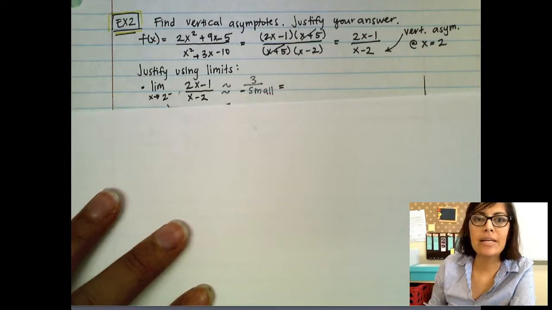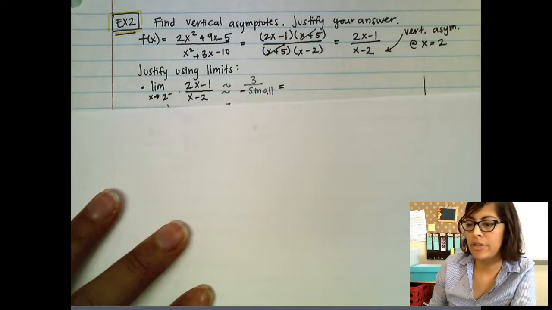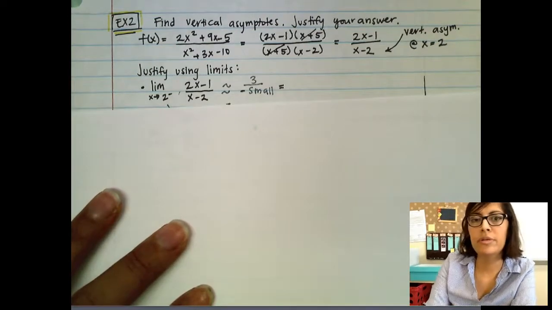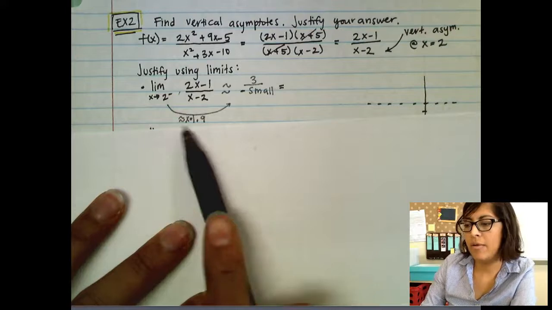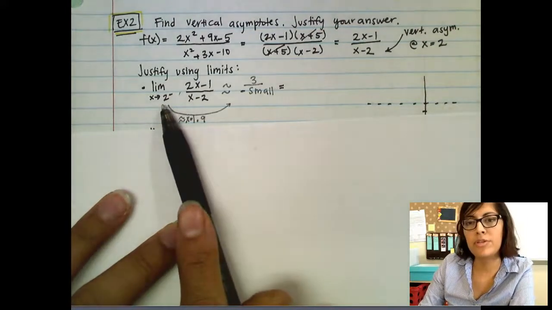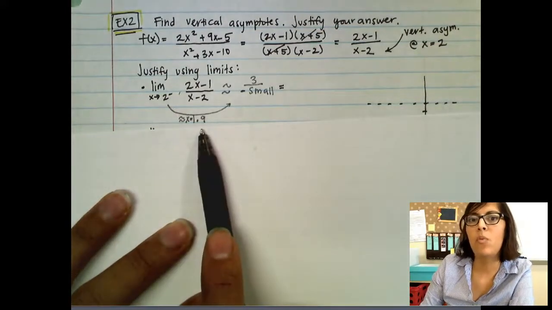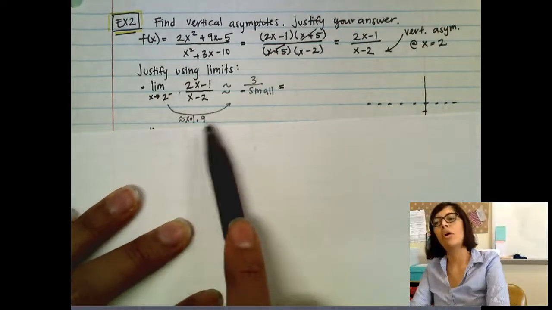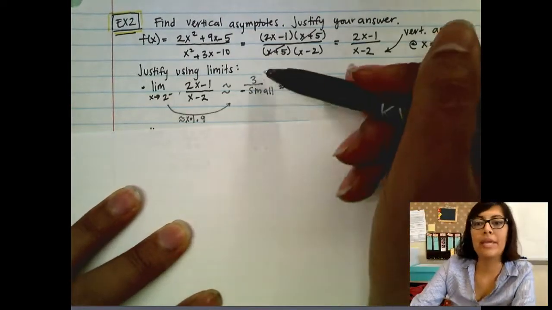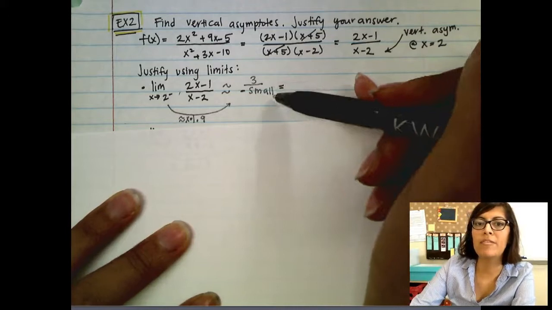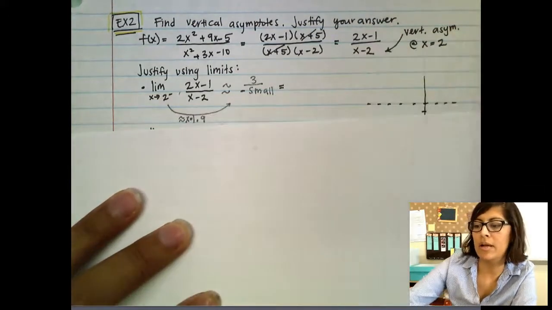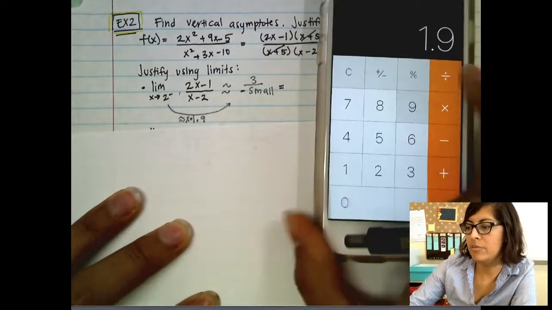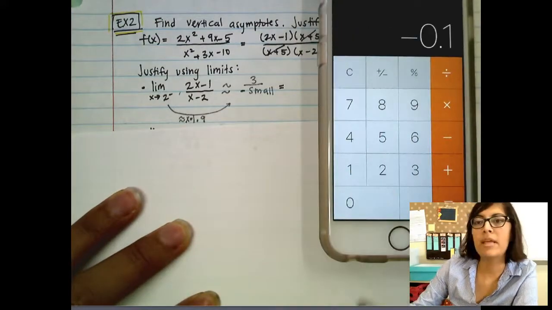As x gets closer and closer to 2 from the left, so a little bit smaller than 2, say about 1.9, our numerator is going to be about 3. Our denominator is going to be very, very small, and it's going to be negative. I'll prove it to you guys. 1.9 minus 2 is some negative small number.